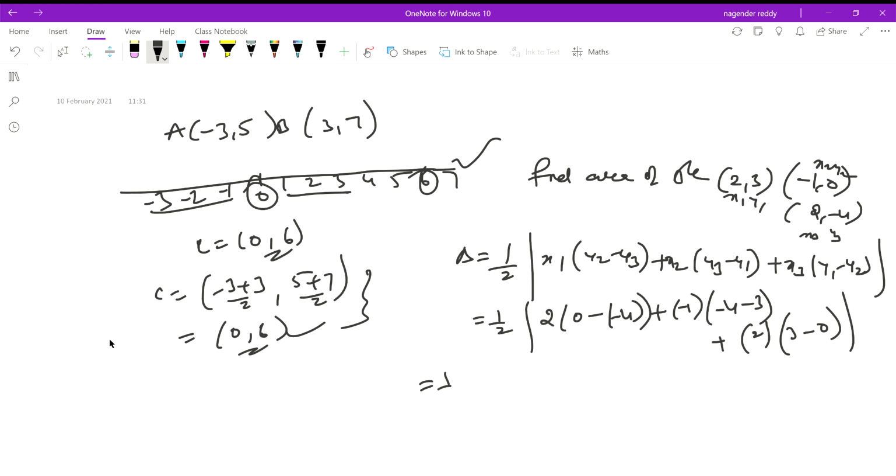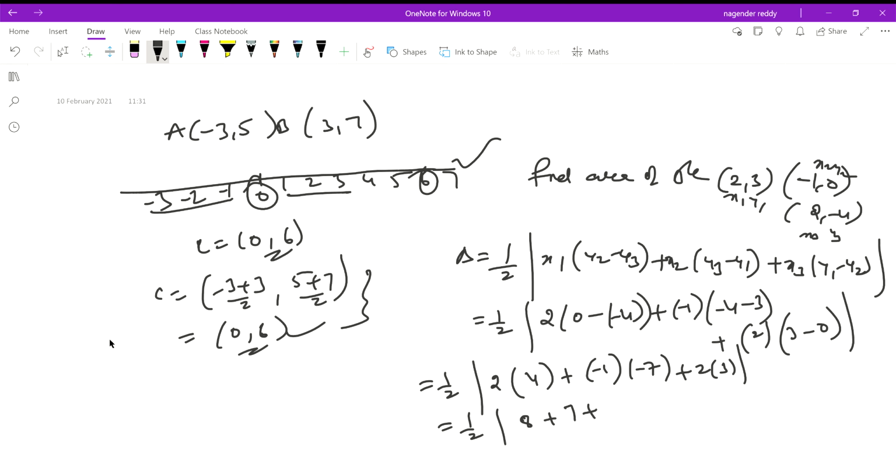That equals 1 by 2 into 2 into 4 plus -1 into -7 plus 2 into 3, that is 1 by 2 into (8 plus 7 plus 6).